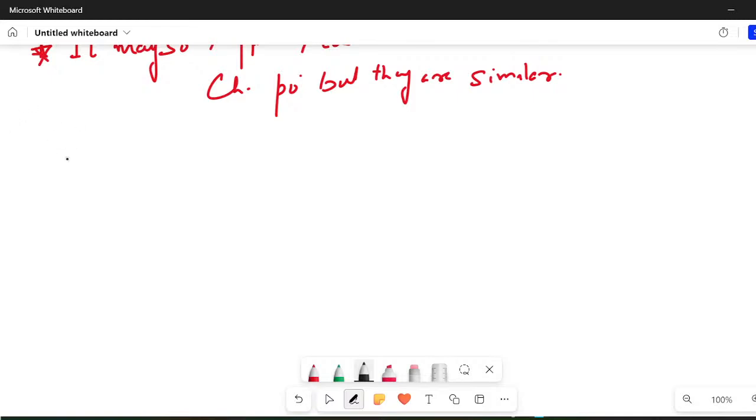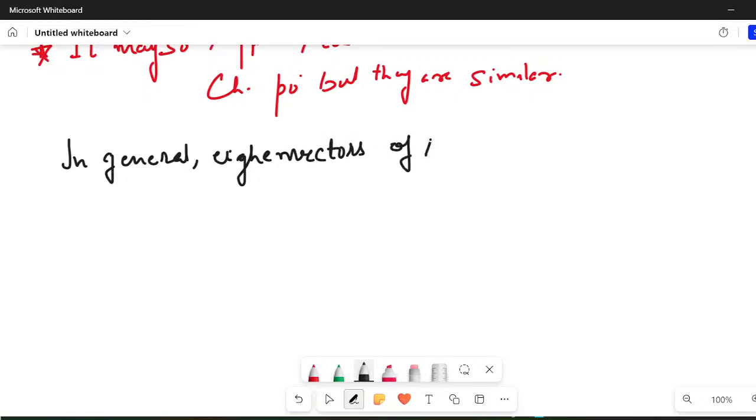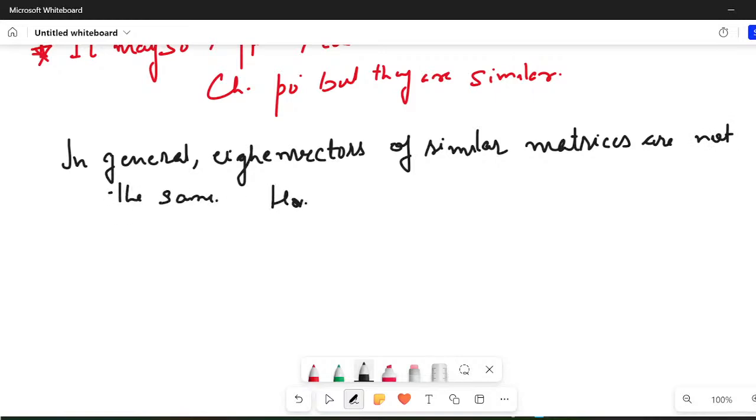In general, note that I'm writing in general, eigenvectors of similar matrices are not the same. However, we can relate them.